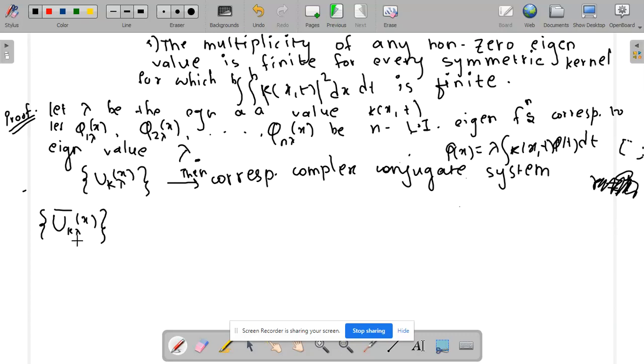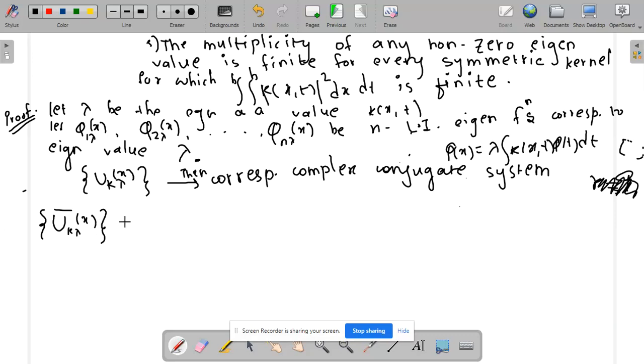If this is the orthonormal set, and I find its conjugate functions and form a set of that, then that set will also be an orthonormal set. By using simple complex analysis, you can prove that.